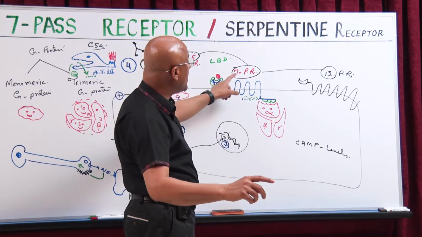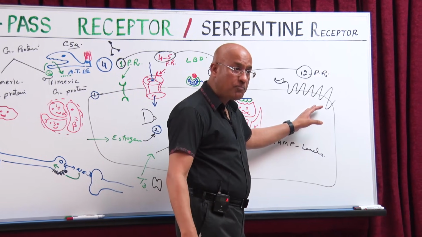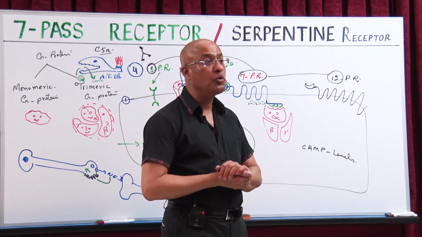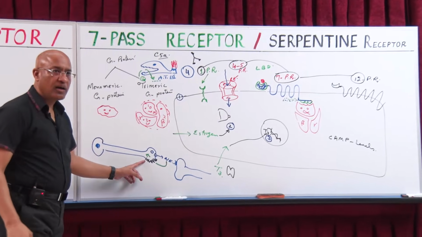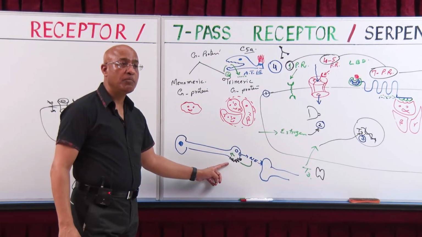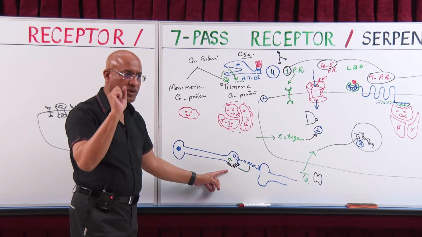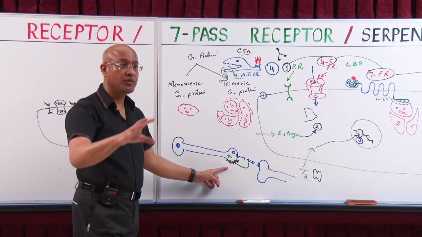And after 7-pass receptors, we come to 12-pass receptors. 12-pass receptors are found especially in presynaptic nerve endings, those nerves which are monoaminergic, which release epinephrine, norepinephrine, dopamine or serotonin.